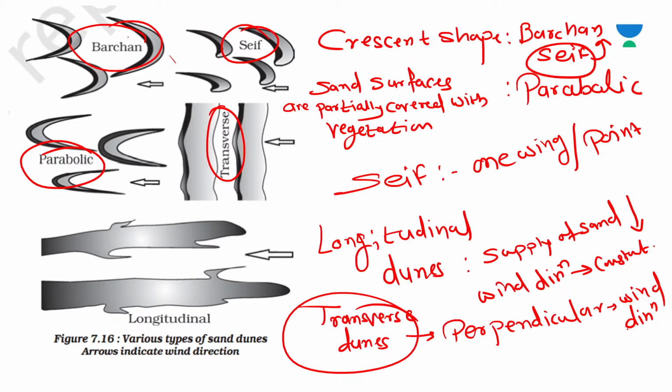And after that, depositional landforms. And then we have covered sand dunes. Now friends, before moving to the next unit, that is climate, let's have a recap of the last 3 units we have covered.